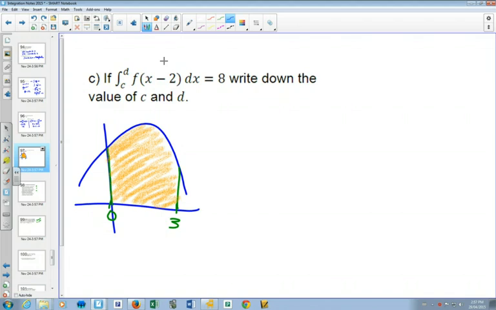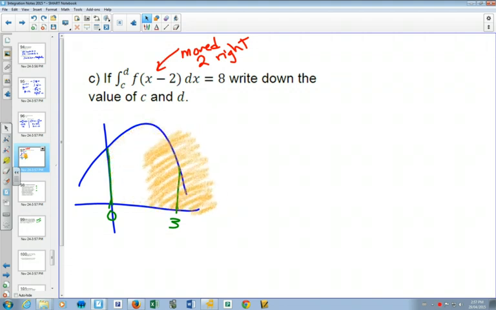What's happening here is our whole function, if we think of transformations, is being moved 2 to the right. So if this area right here was 8, and we move this 2 to the right, what are these values now? C would have to be 2, and D would have to be 5.